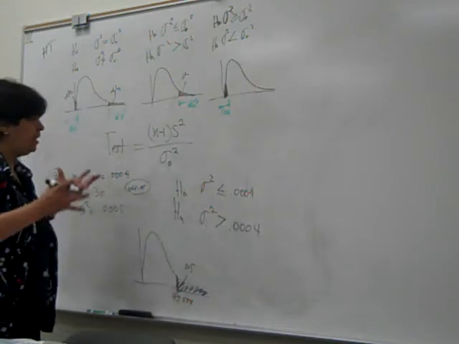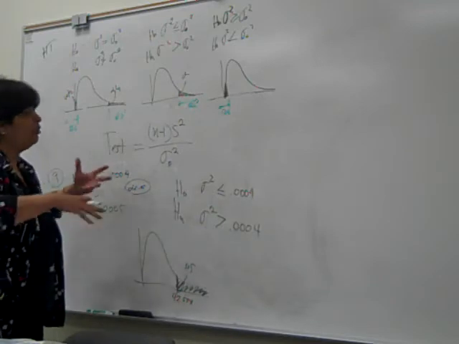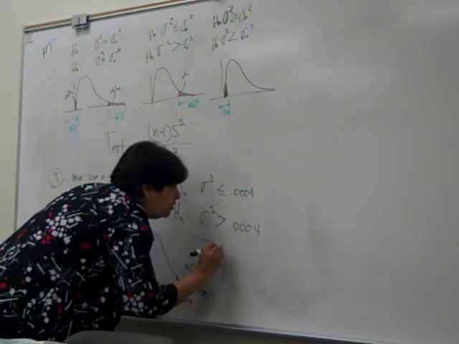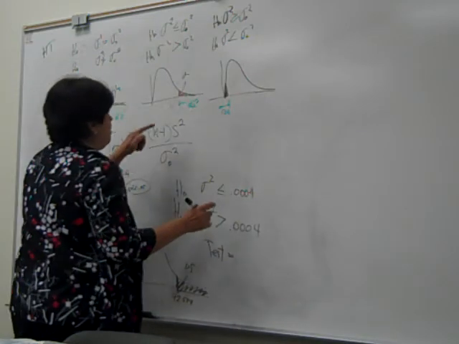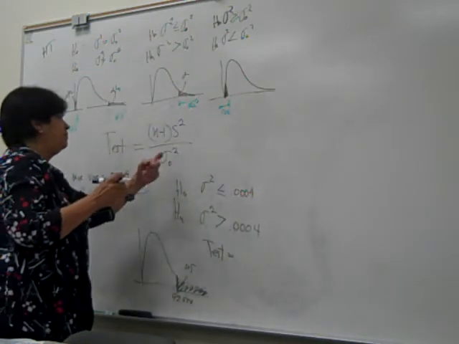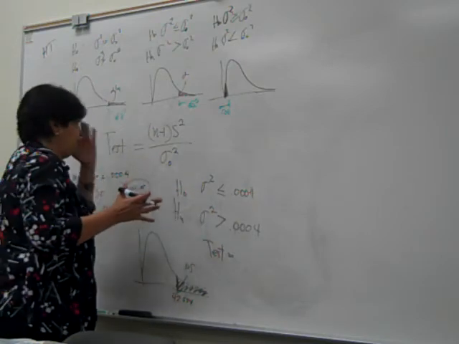42.557 is my critical value, and I'm going to compare that critical value with my test value, and the test value is (n minus 1) s squared divided by the hypothetical value in the hypothesis.